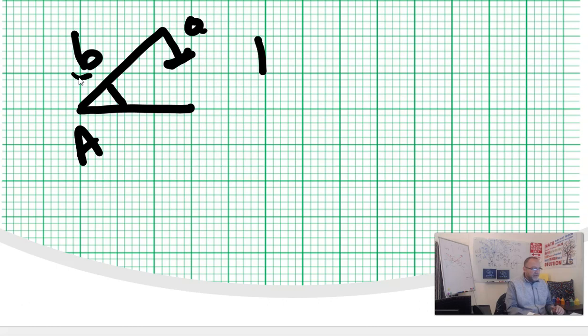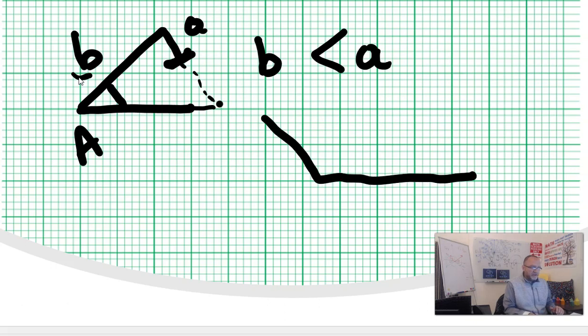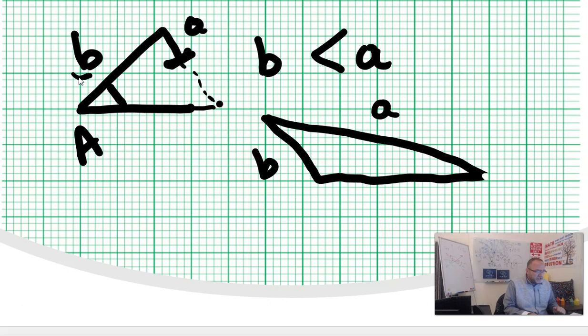I would say, if B is smaller than A, meaning A is larger than B, then I can go ahead and construct the rest of the triangle, even in an obtuse situation like this. If A is larger, you can finish it. However, I'm sorry, this is the adjacent one. If B is larger than A, like in this situation, A is very small, I cannot construct it.